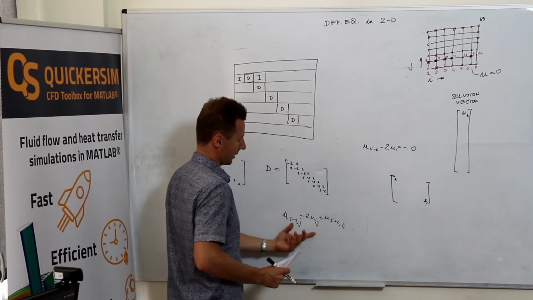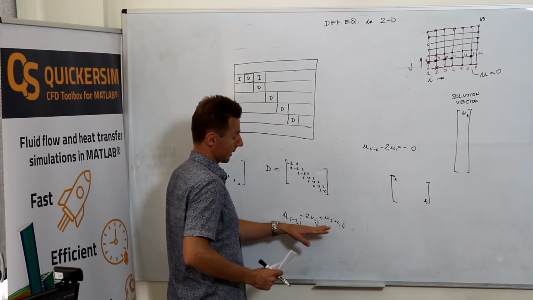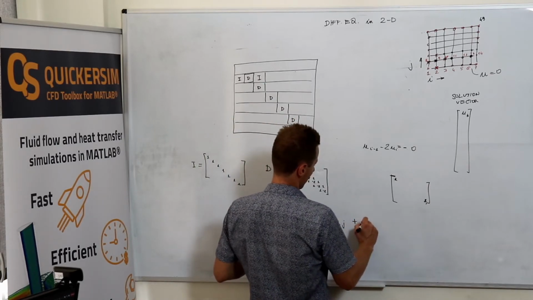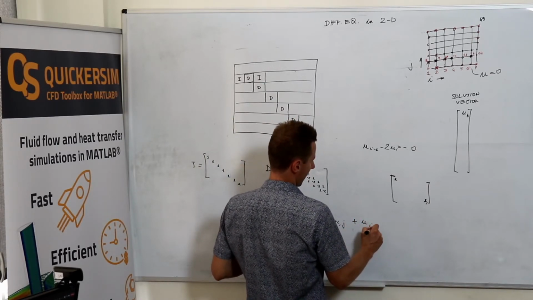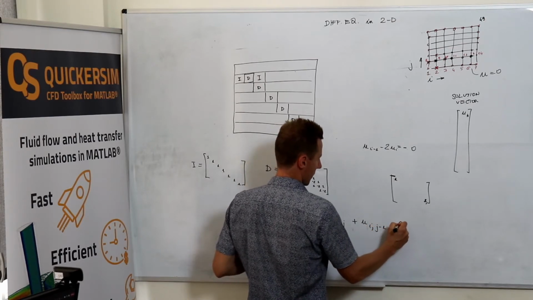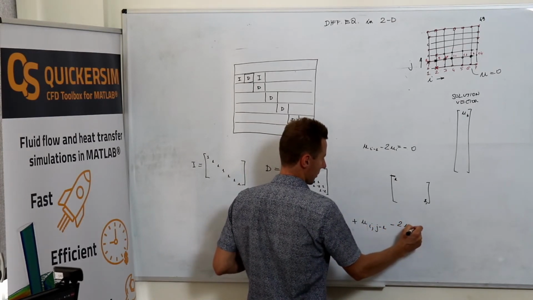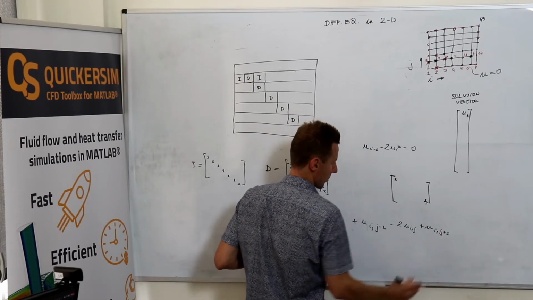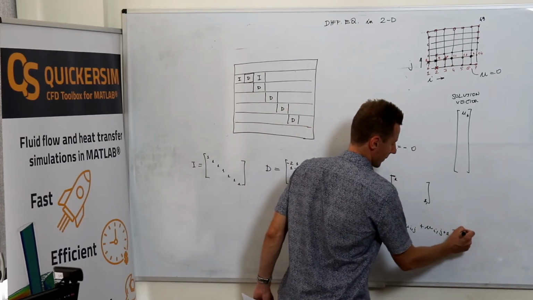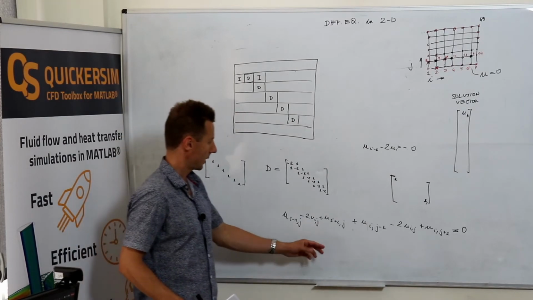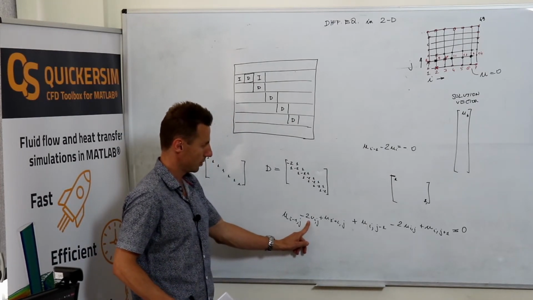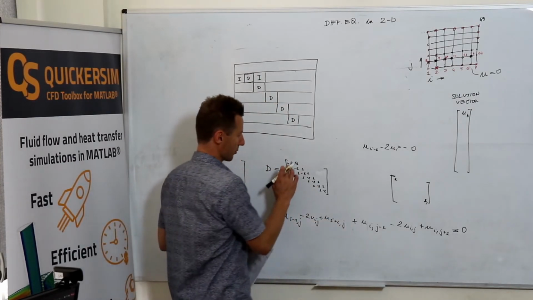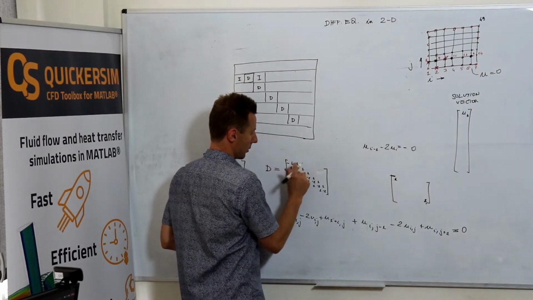Then we need to discretize the second derivative with respect to y, again by u_{i,j-1} - 2u_{i,j} + u_{i,j+1} equals 0. So like -2u_{i,j} means that this one is not really -2, but here everywhere we've got -4.